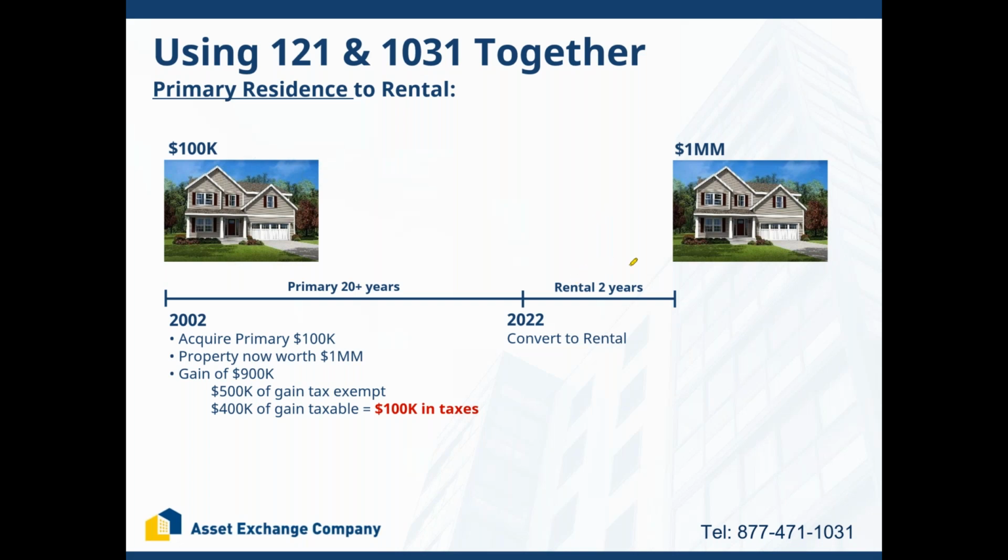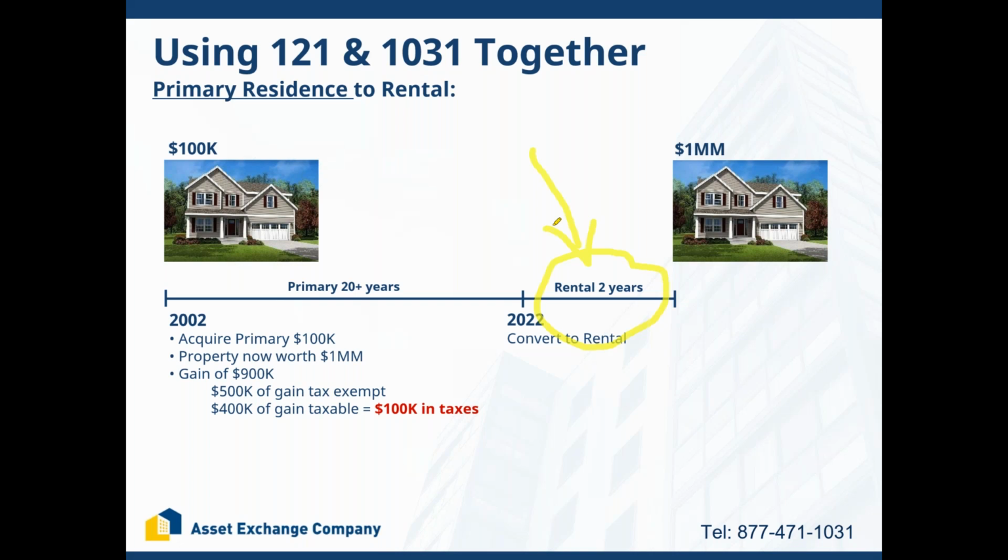Now, the problem with this strategy is twofold. Number one, you have to move out and you have to rent the property, so the client needs to go out and find somewhere else to live. And then problem number two is that once they sell the property, to really maximize the tax benefit, they have to do an exchange into another investment property. Now, some people won't want to do that because they won't want to manage real estate.